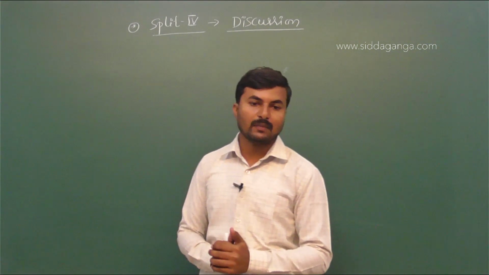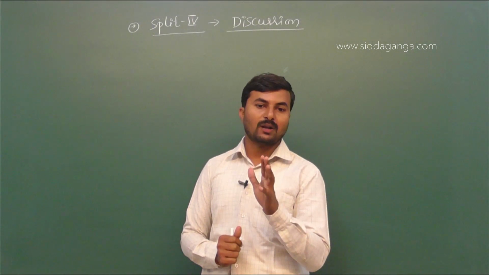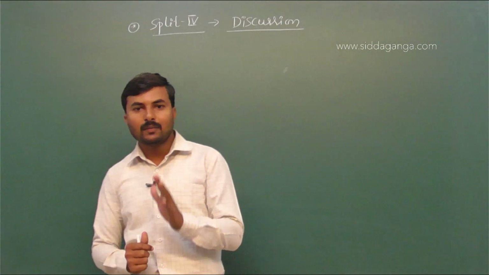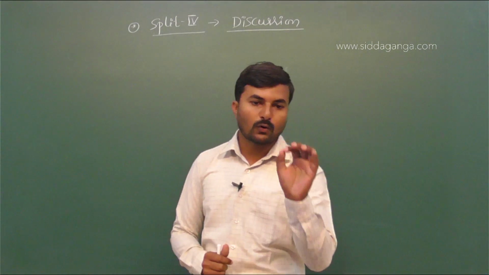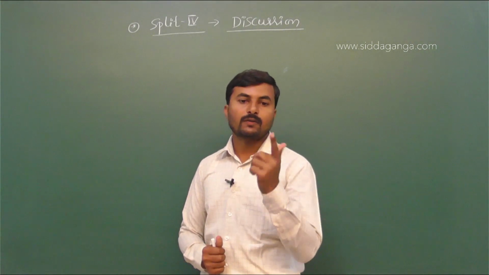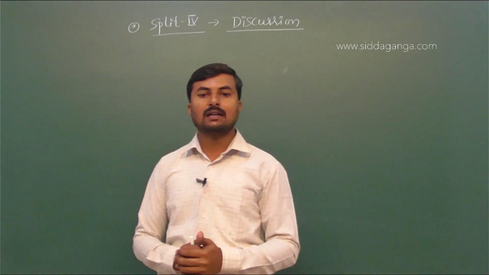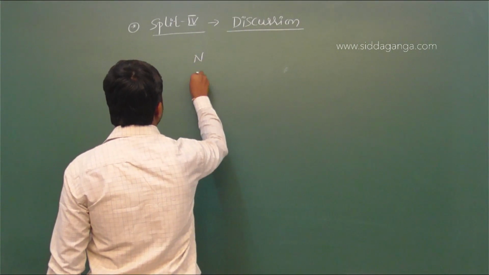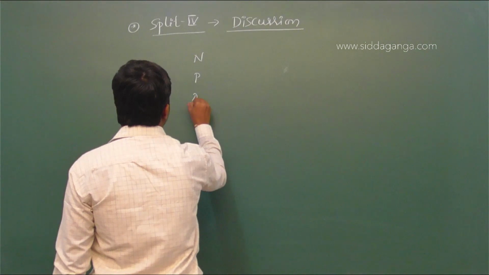The question is: an element X belongs to the fourth period and 15th group. Which element belongs to the fourth period and the 15th group of the periodic table? The 15th group means the nitrogen family: nitrogen, phosphorus, followed by arsenic.